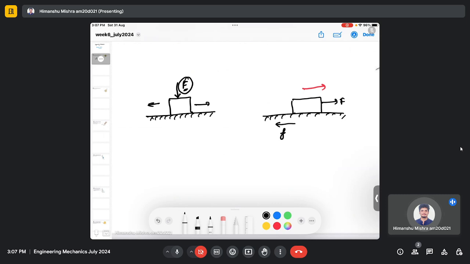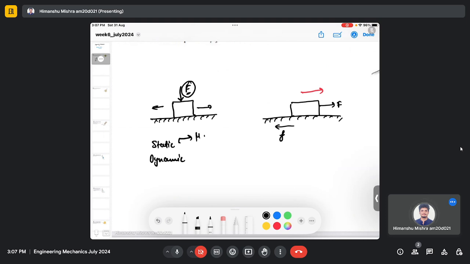Now, basically, there are two kinds of friction. One is static friction, and the other is dynamic friction. Static friction usually occurs when the body is in an equilibrium state, and what holds a body to the ground actually happens due to static friction, and it is measured by the coefficient of static friction, denoted by μs.